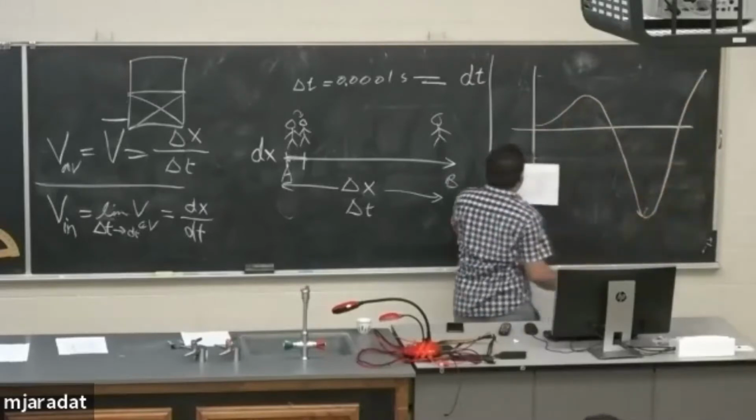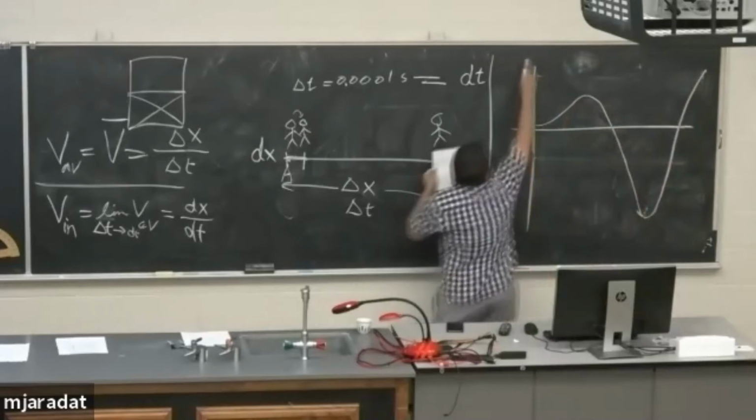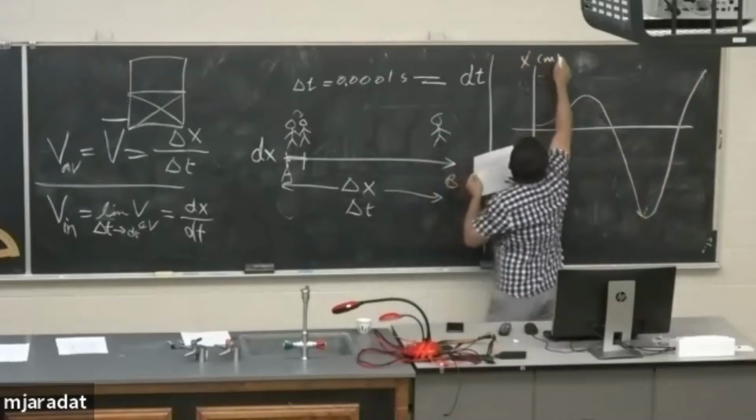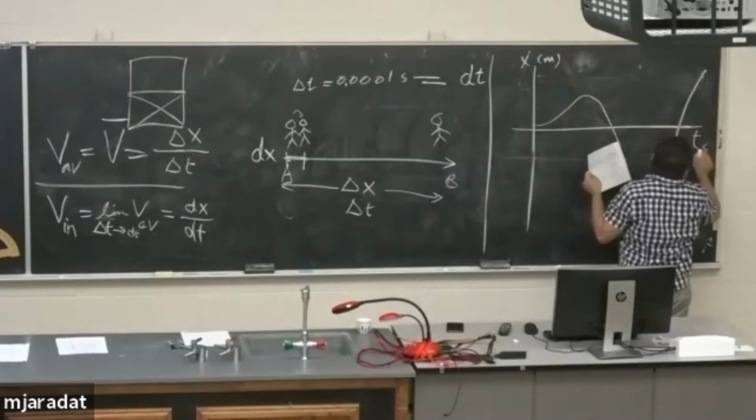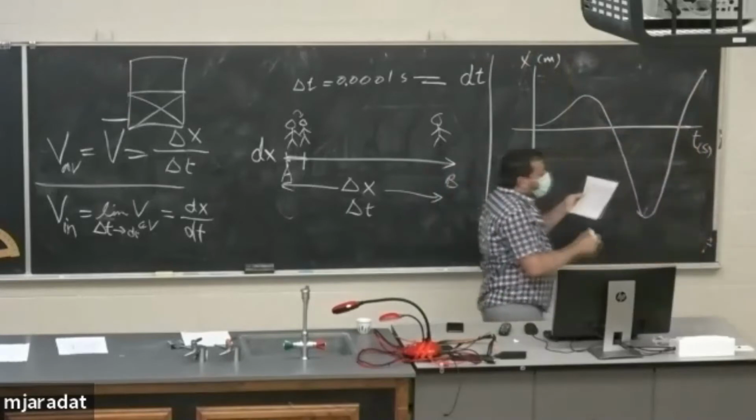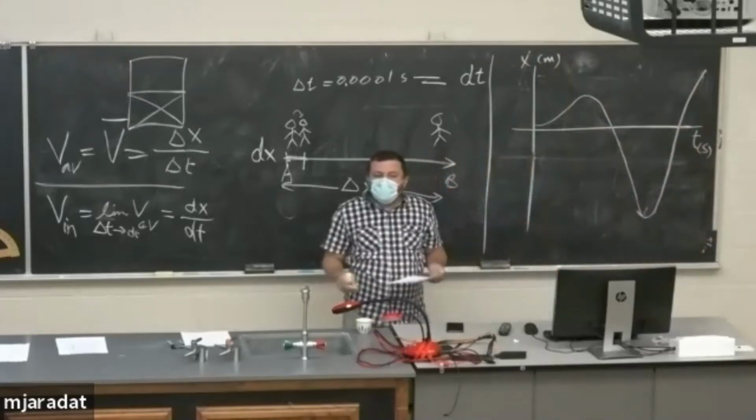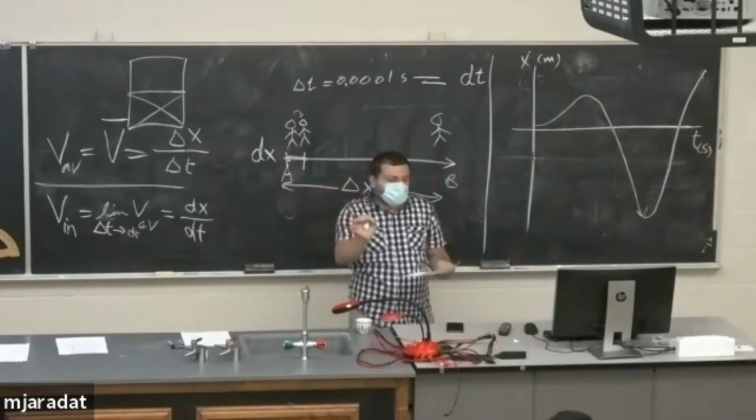Okay. We have the position here, which is x in meters. We have the time in seconds. I ask you to find the average velocity and the instantaneous velocity.